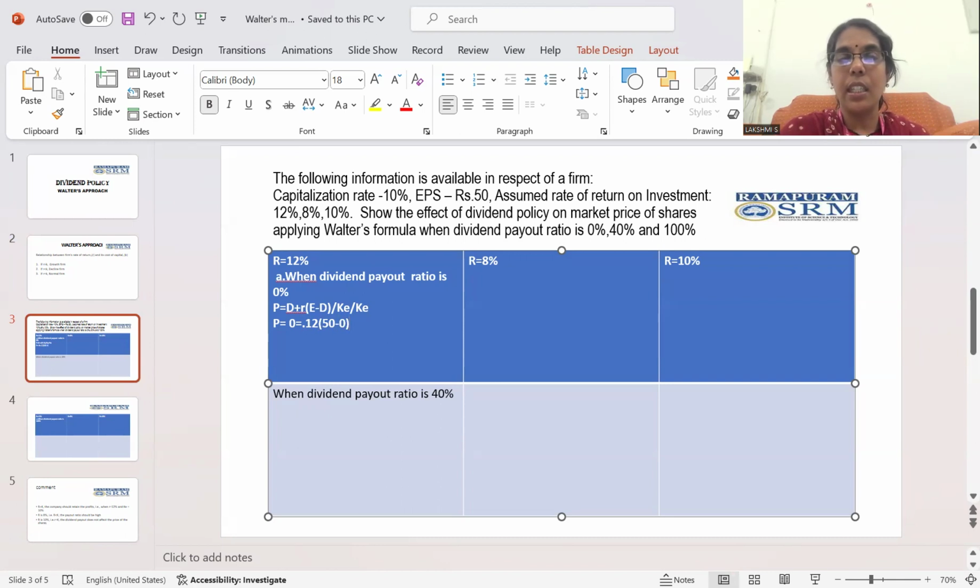KE, the equity capitalization rate, is 10%, 0.10.